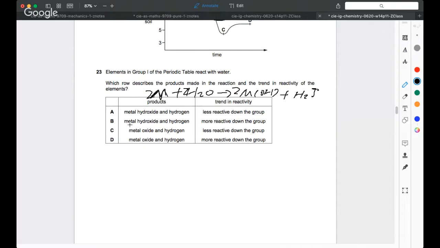That would be metal hydroxide, so it's either A or B. And we know that the reactivity of the group 1 metals increases down the group, so B is the right answer.